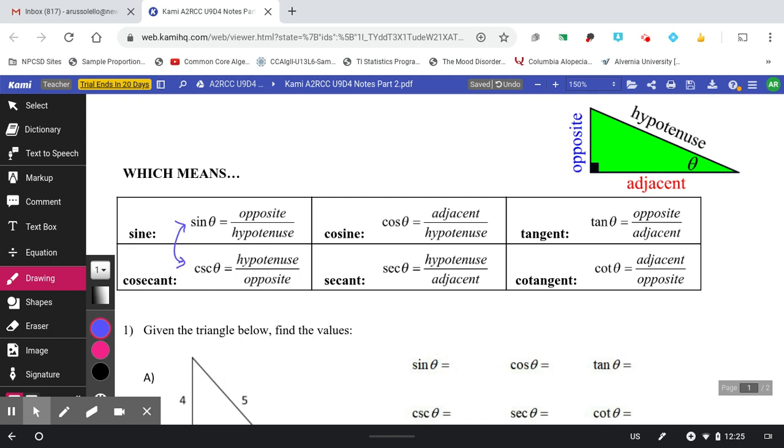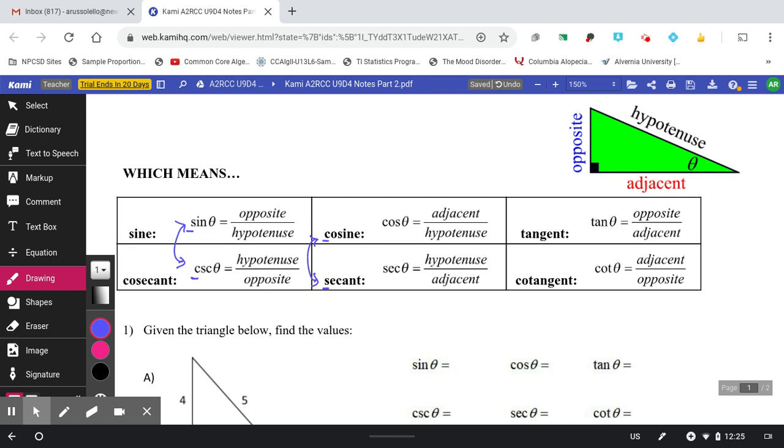Now notice that, and I say this for a reason, sine starts with an S, cosine starts with a C, cosecant starts with a C, secant starts with an S. So again, they're flipped, but also the letters are flipped as well.